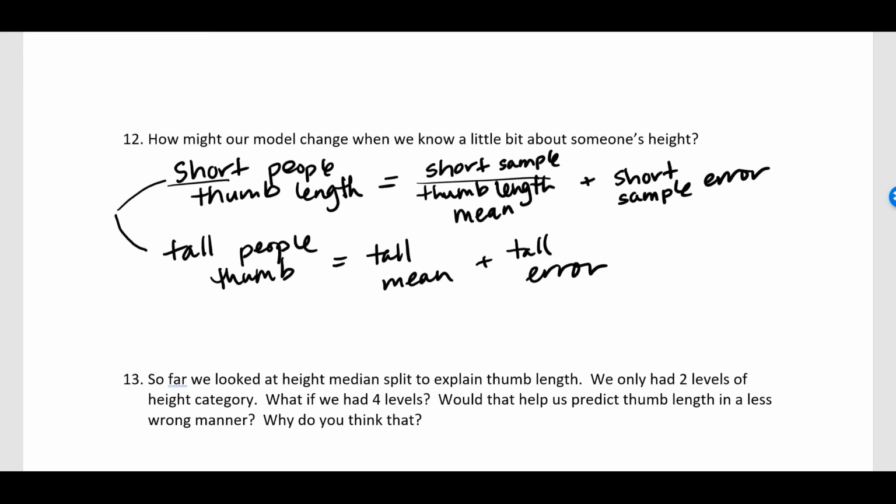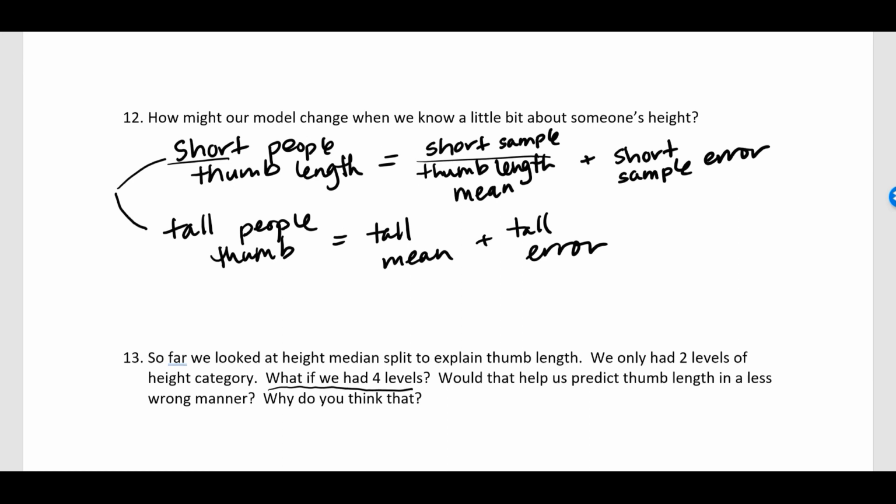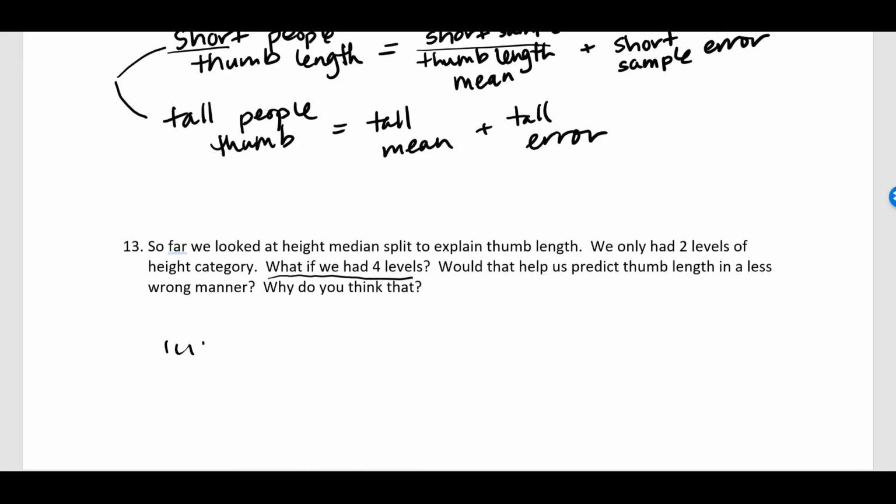So far we've looked at a height median split to explain thumb length, so we only had 2 levels of height category, shorter and taller. What if we took it a step further and split each of those halves in half?